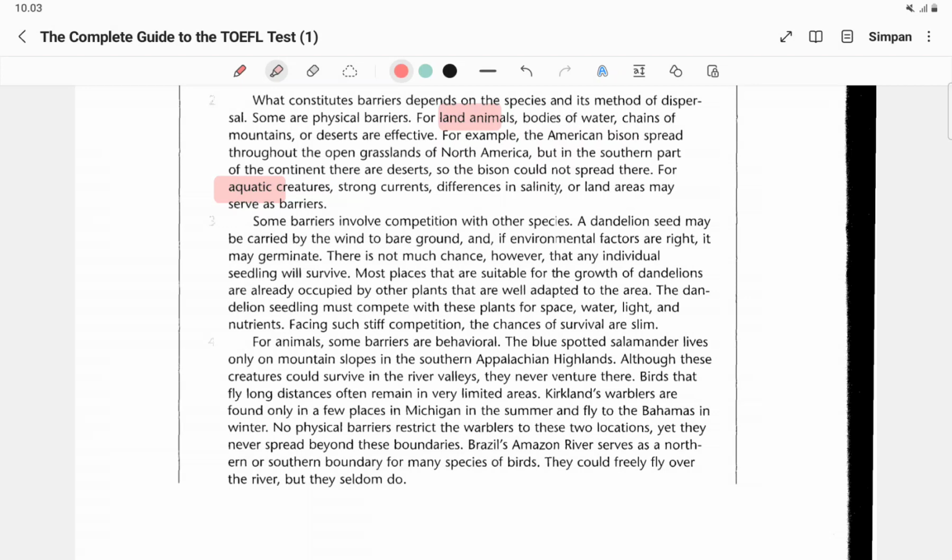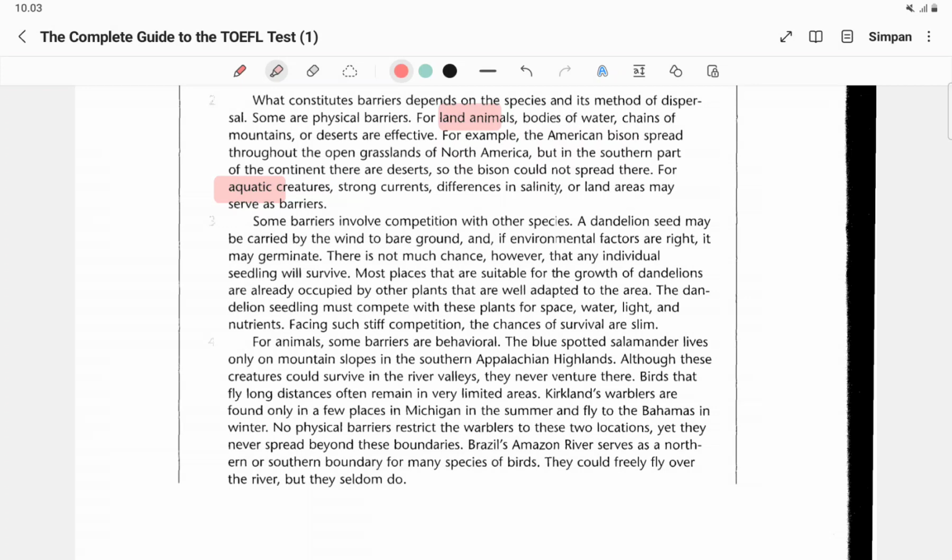There is not much chance, however, that any individual seedling will survive. Most places that are suitable for the growth of dandelions are already occupied by other plants that are well adapted to the area. The dandelion seedling must compete with these plants for space, water, light, and nutrients. Facing such stiff competition, the chances of survival are slim.